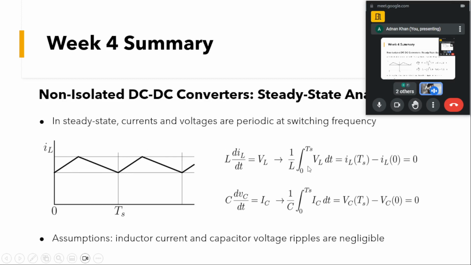If we do 1/L integral of this voltage, we'll get the peak value of the current, IL at the TS instant and IL at the 0 instant. You can see that the values at 0 and TS will be the same, so the net change will be 0. That is, whatever energy the inductor stores, it has to give back, and that is what volt-second balance is.